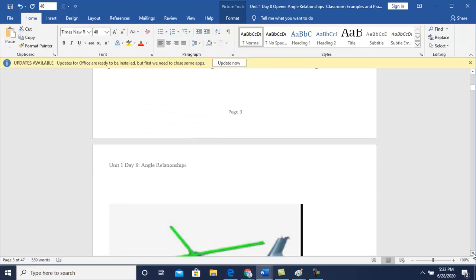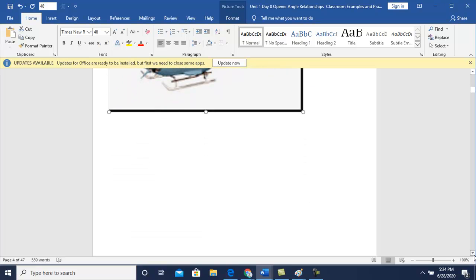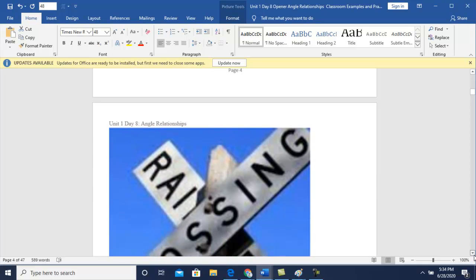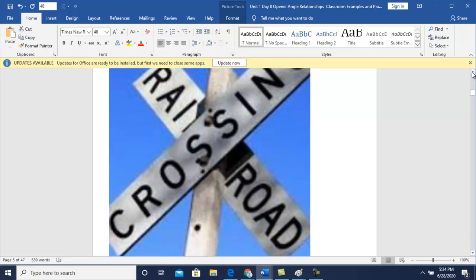I'll show you another example. Here's an example of a helicopter. Again, if we take a look at the angles across from each other, those would be examples of vertical angles. Here's a picture of a railroad crossing. Again, here's another example of vertical angles.